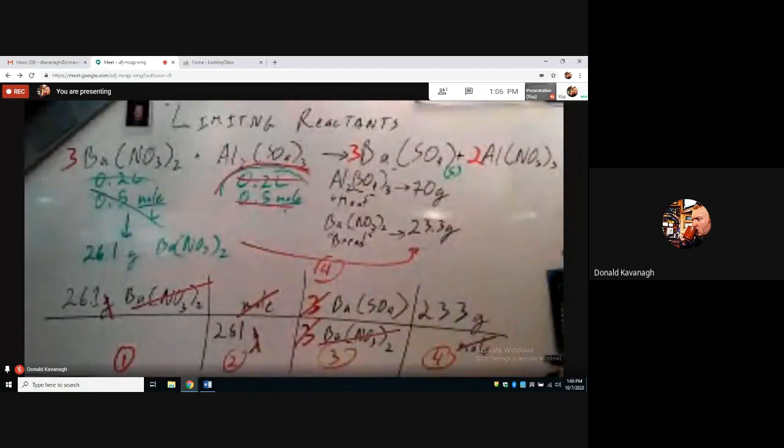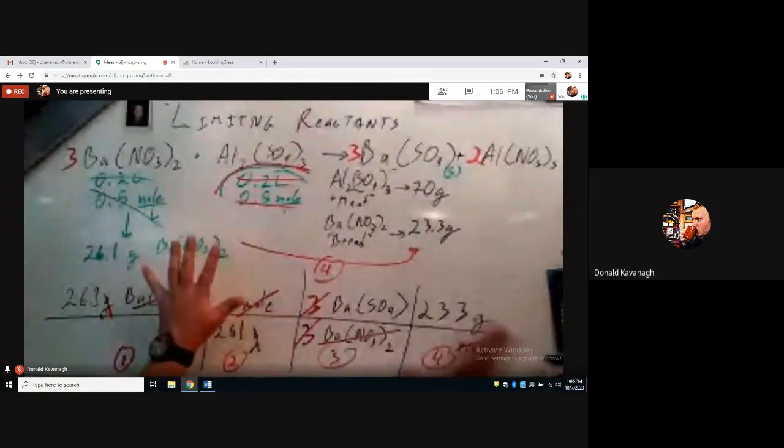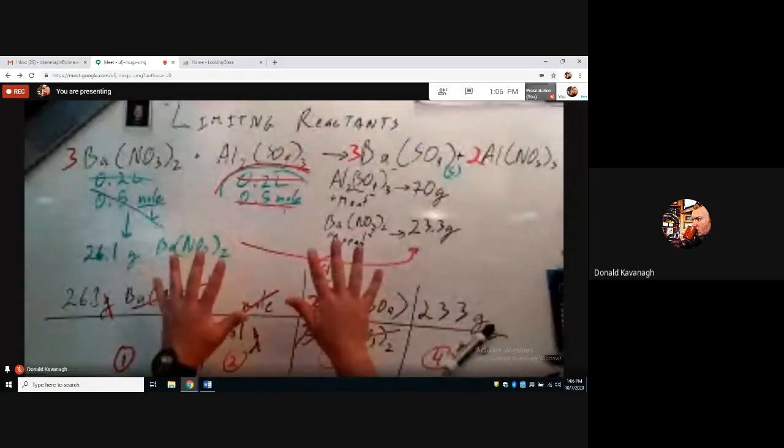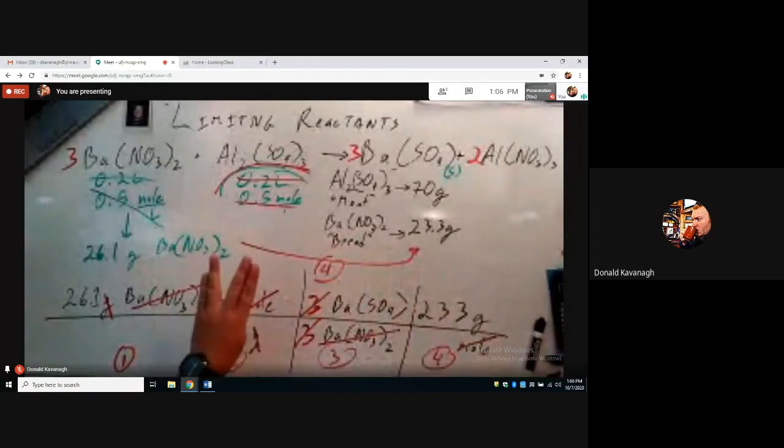Okay. Back to the beginning. With 5 slices of bread and 5 slices of meat, the lowest answer, 2 sandwiches, is the correct answer because the bread is limiting you.